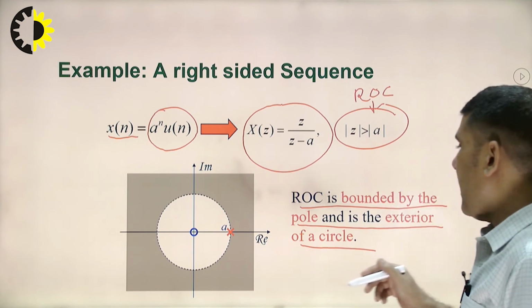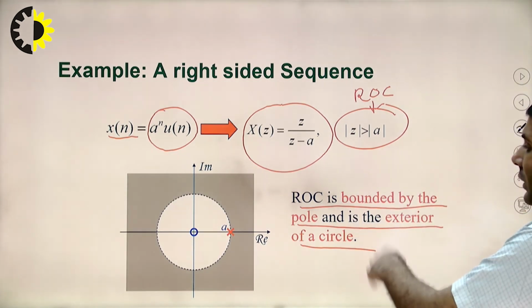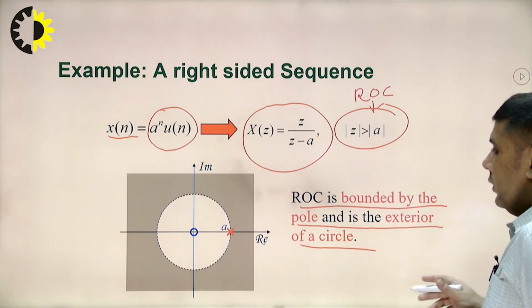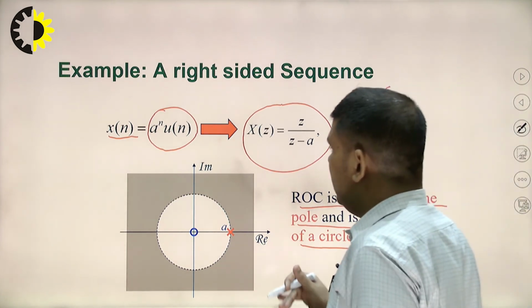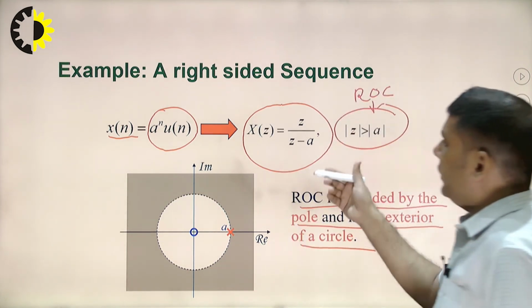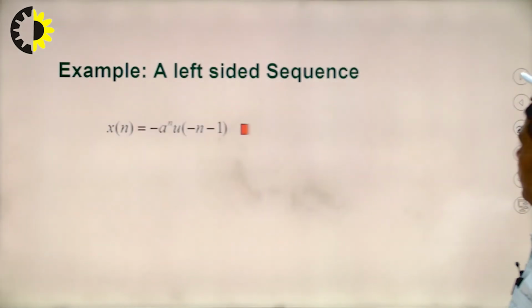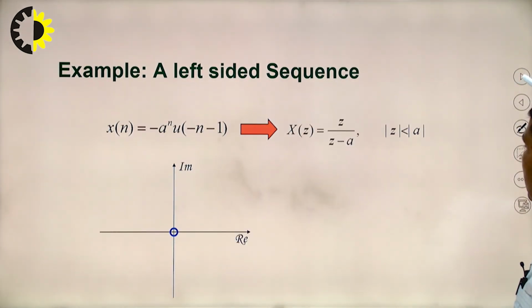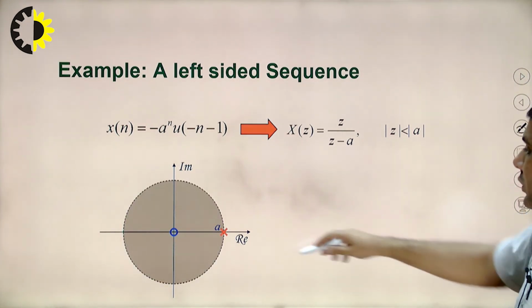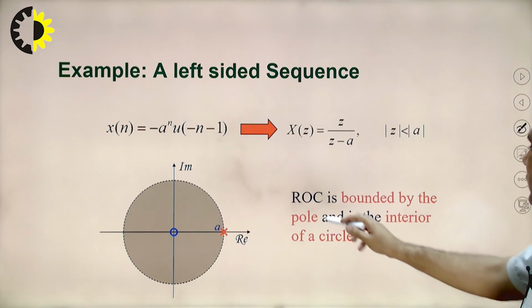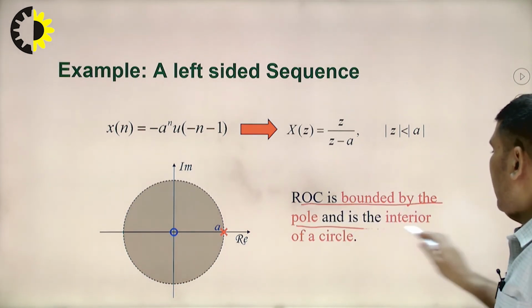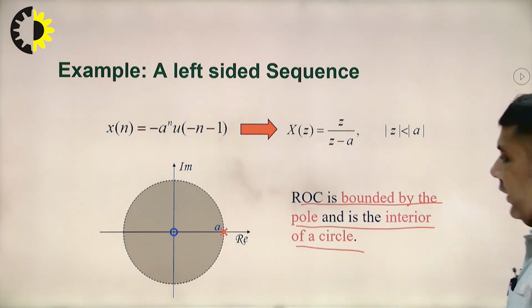So all the poles must be consistent with the ROC, otherwise the system becomes unstable. For a left side sequence, we have the ROC inside. In the same way, the ROC is bounded by the pole and is the interior of a circle.